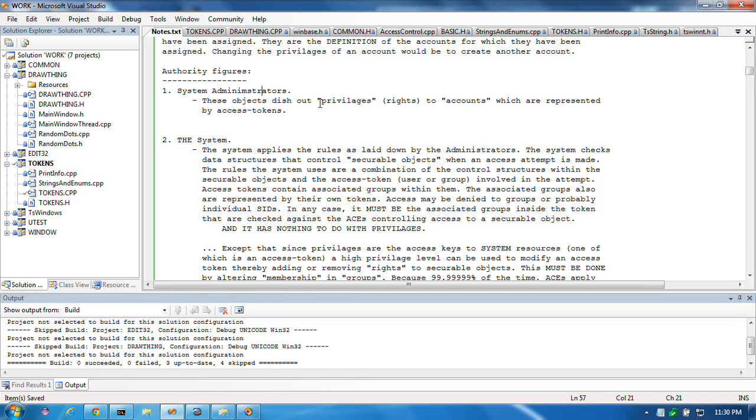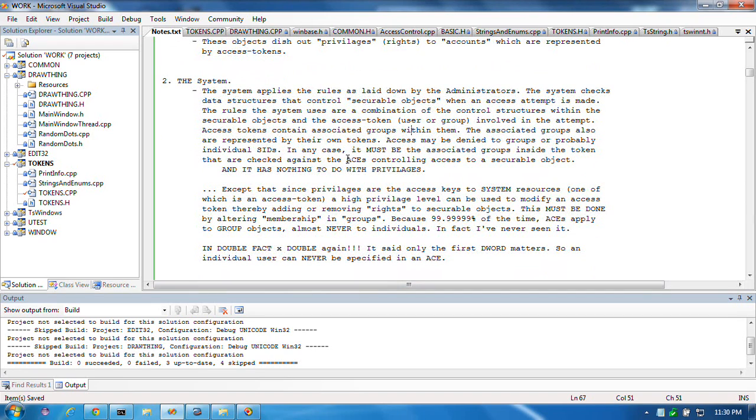So if you could understand privileges and access tokens, and how the rules work now with all the millions of extra groups and things, it might start to make some sense. One other thing is, at the end here, privileges.